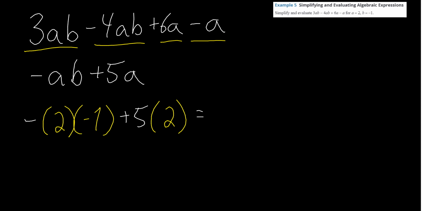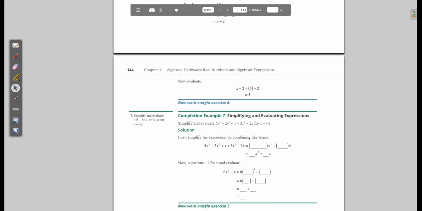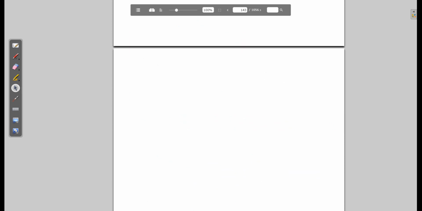So we have a 2 times a negative 1, which is a negative 2, but then we have the negative out in front of it, right? So a negative 2 is going to be a positive 2. And then plus 5 times 2, which is 10, so plus 10. So 2 plus 10 is equal to 12. I believe that's pretty much the last example here.